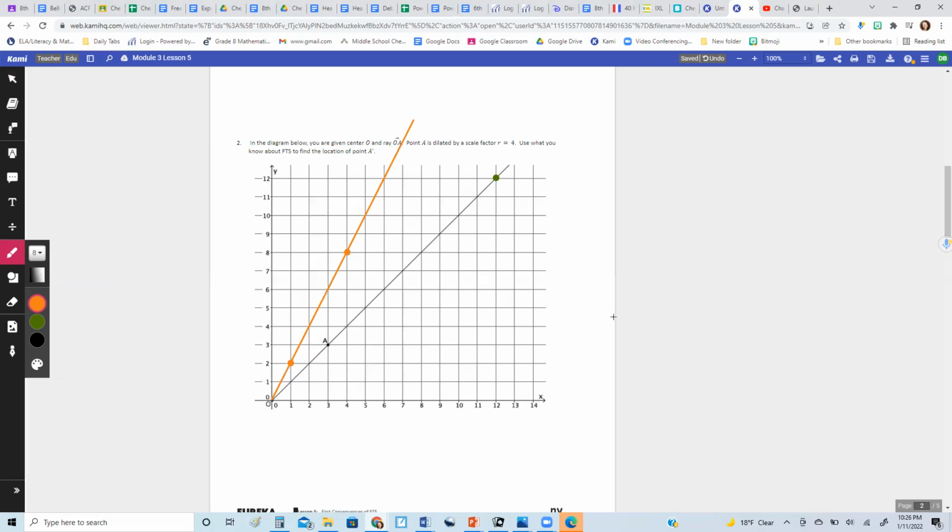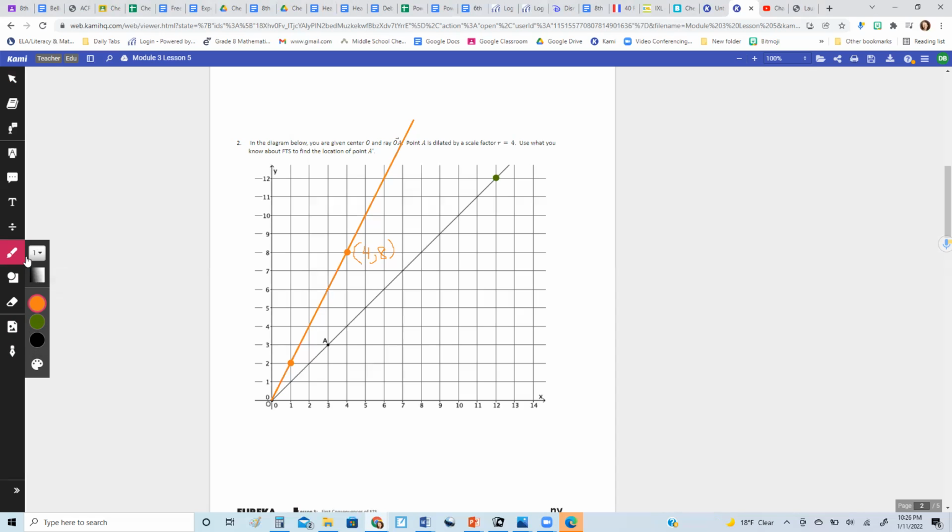But let's look at the coordinates that we ended up with. We ended up with the point 4, 8. R equals 4, and we started with the point 1, 2. So 1 times 4 is 4, and if we look at our y coordinate, 2 times 4 is 8.